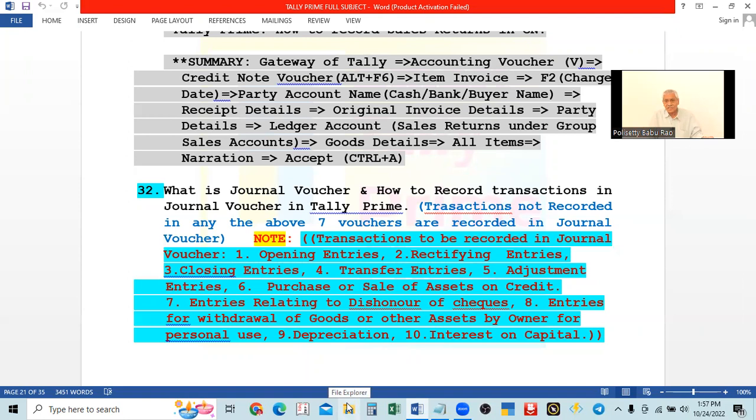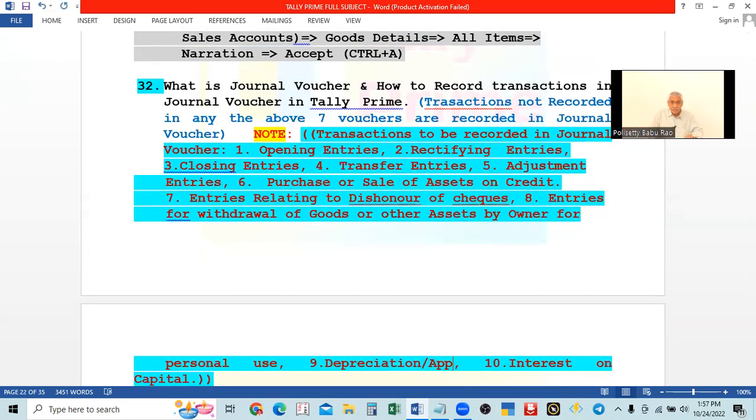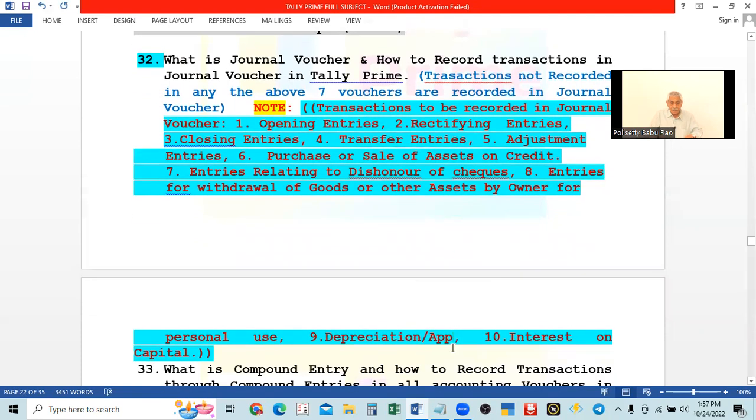The increased value is called appreciation. So depreciation or appreciation on assets.